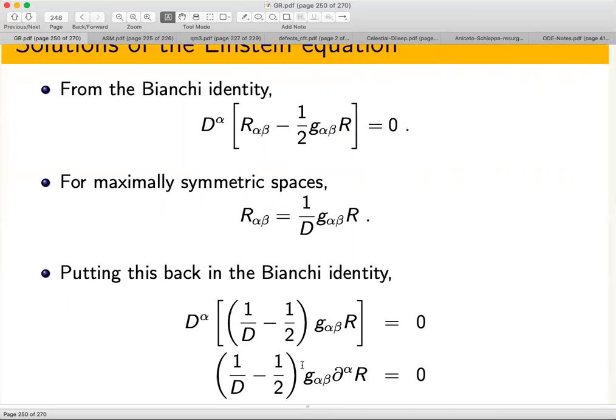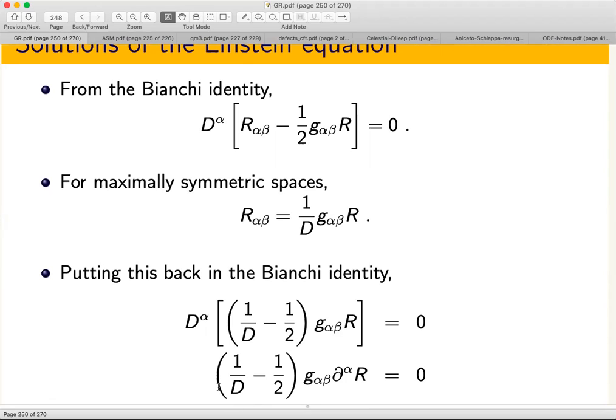This quantity would be 0 only if the covariant derivative of R is equal to 0, because the covariant derivative acting on g is anyway 0. But R is a scalar, so a covariant derivative acting on a scalar is the same as an ordinary derivative.